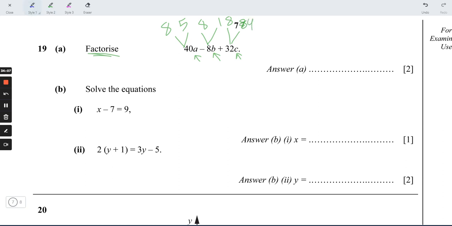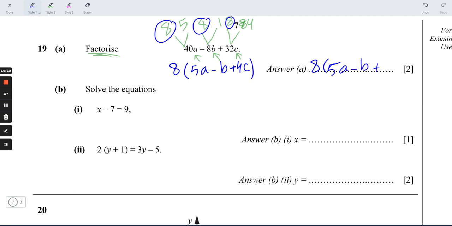So now we have 8 as a highest common factor, so we'll take it out. 8 out, 5a left over, minus 1b, and 8 out, 4 left, 4c. So the answer is 8 times 5a minus b plus 4c.